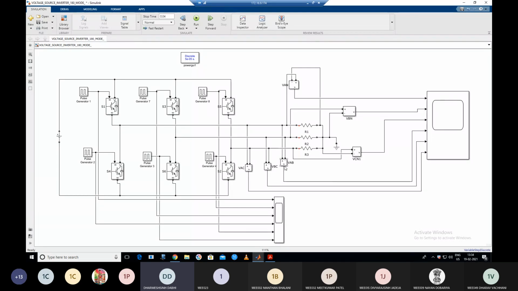Here you can see that this voltmeter measures the line voltage between phase A and B. Positive is connected with phase A, and negative is connected with phase B. The output is connected in scope number 4th axis. And then this voltmeter measures the VBC line voltage and this one VAC.